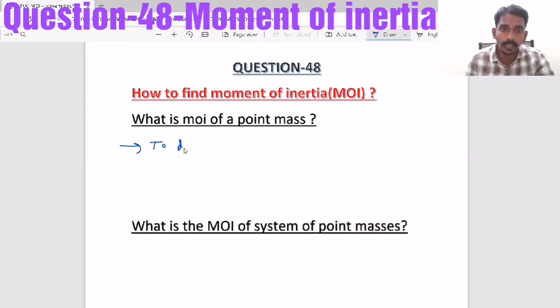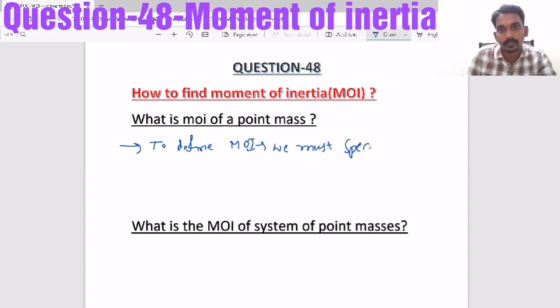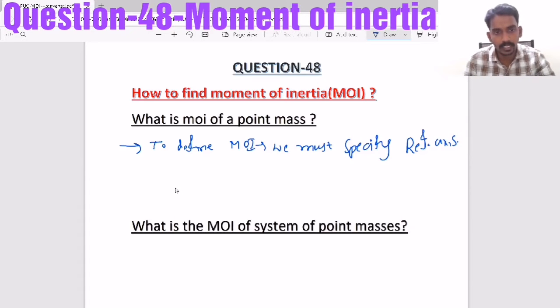To define moment of inertia, we must specify a reference axis. If there is a point mass, then the moment of inertia of the point mass about a reference axis is the product of mass and the square of the perpendicular distance.